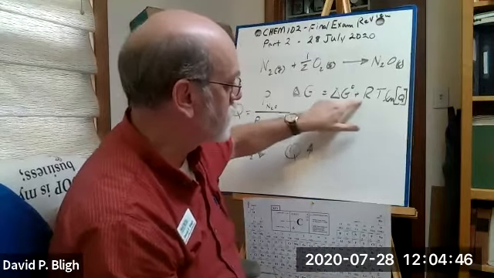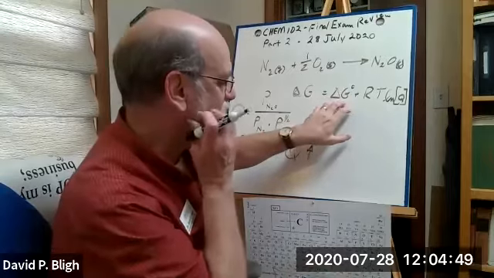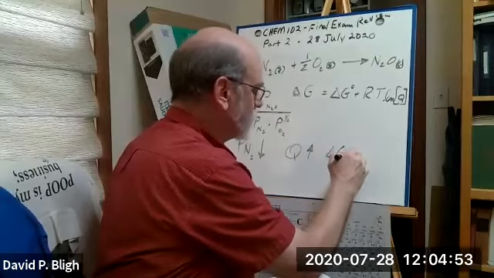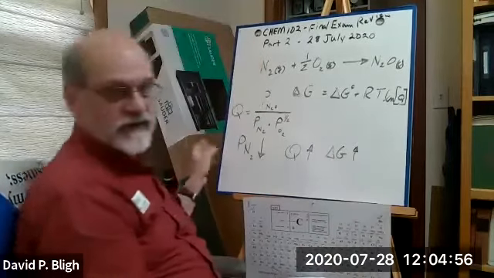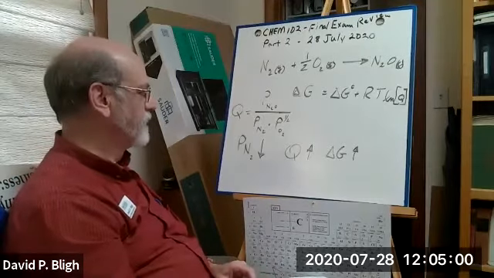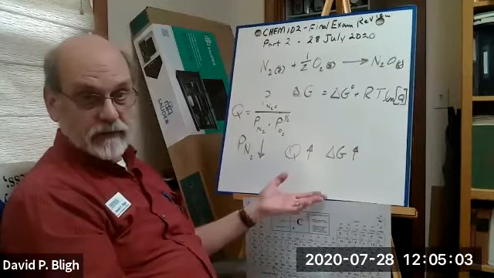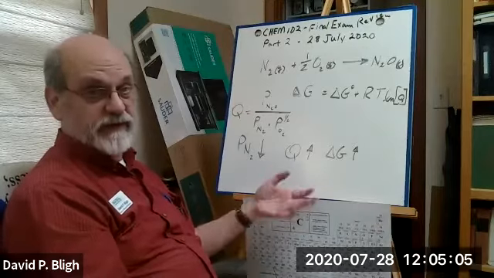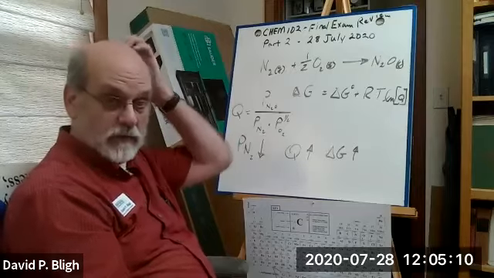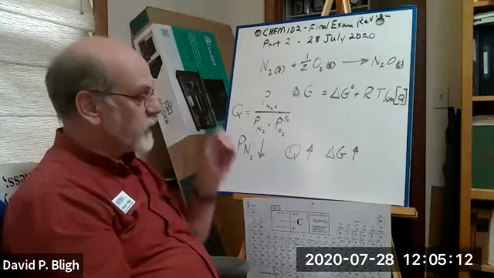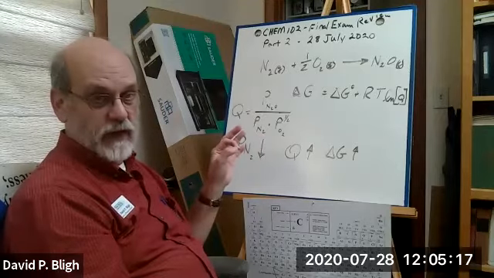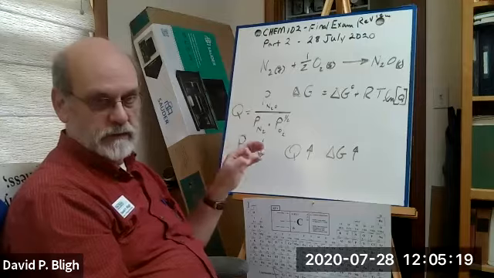You get a larger value here which adds to that, which makes delta G bigger. So in that case, delta G increases. Okay? What does that mean? It becomes more positive. It's less likely to occur, right? It might still be spontaneous, don't get me wrong. It could be negative. But if we increase that value, then we have reduced its spontaneity.